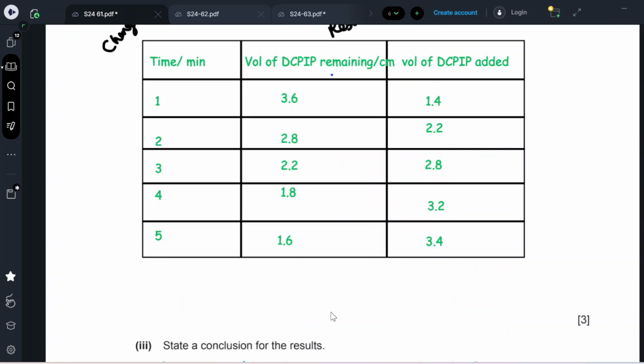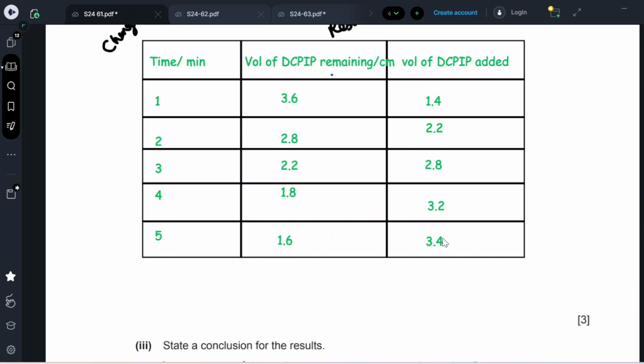State a conclusion. Always remember that a conclusion is not a description. So you cannot just say as the time increases, the volume added increases. No, what does this mean? As the cooking time increases, more vitamin C diffuses out into the water. This is why it took more volume of DCPIP.